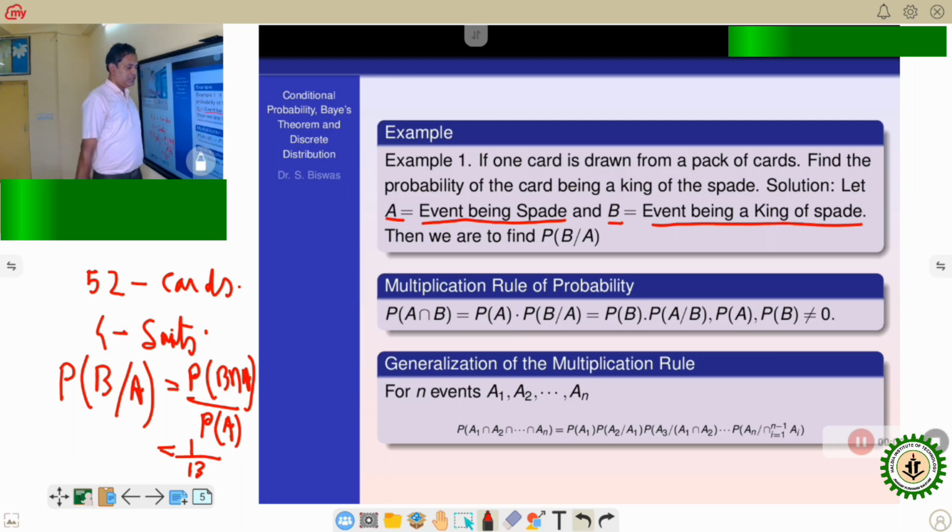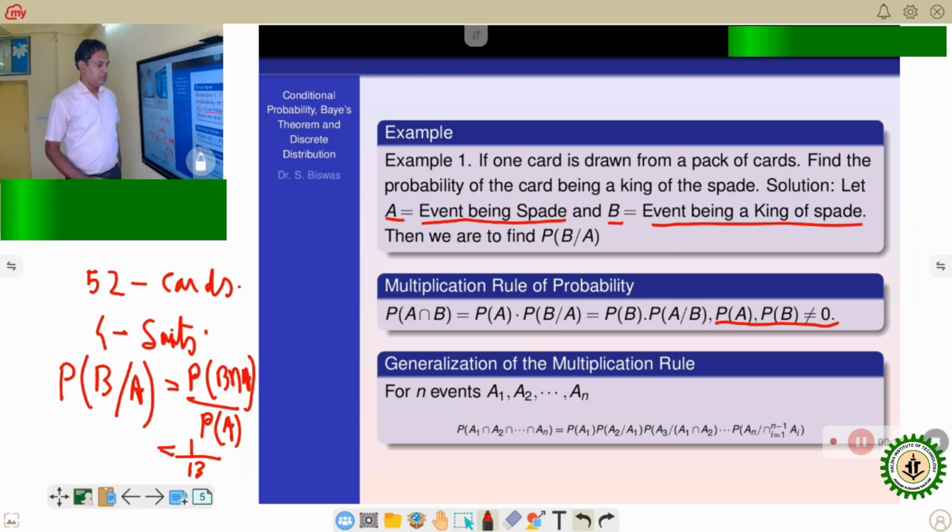Okay, now here you can see multiplication rule of probability says probability of A intersection B is equal to P(A) into P(B by A), which can also be written as P(B) into P(A by B), where P(A) and P(B) not equal to 0. As I have told you earlier also, these two conditions play a significant role, otherwise mathematically it will not be any meaningful equation.